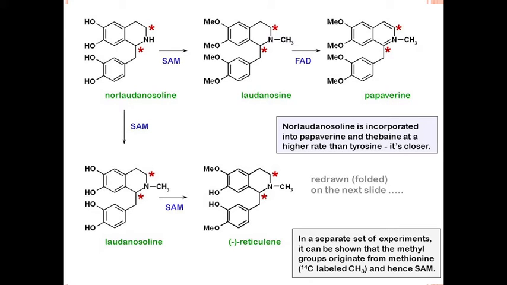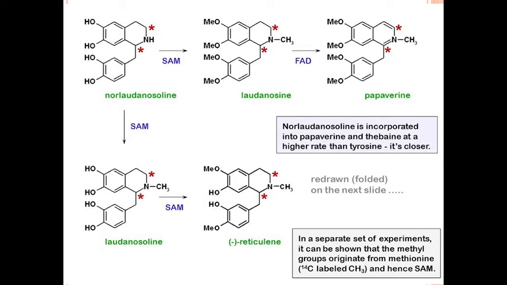So here norlaudanosoline is converted into laudanosine by using an enzyme, SAM. It belongs to a superfamily of enzymes, which is a metal containing enzyme, and that is used for conversion of norlaudanosoline to laudanosine. That laudanosine is converted into papaverine by using an enzyme, PAPAD, which is a flavin adenine dinucleotide enzyme, a redox active coenzyme associated with various proteins, and it is also used in various enzymatic reactions of metabolism.